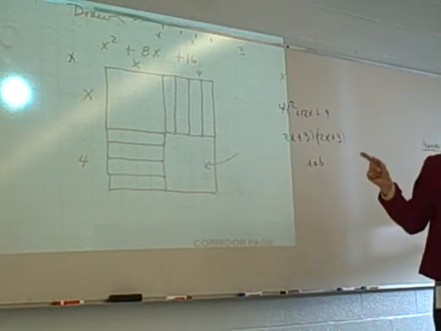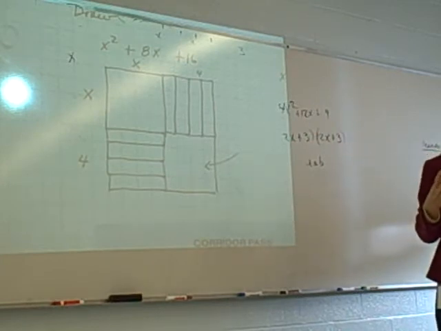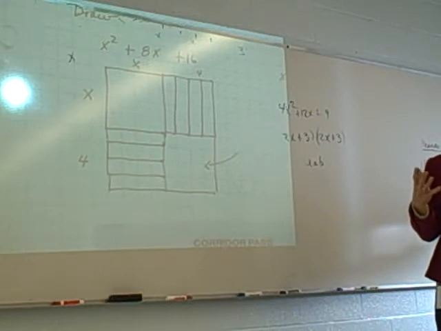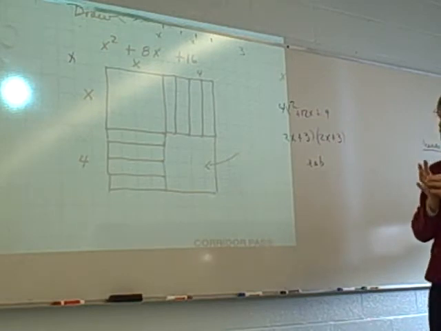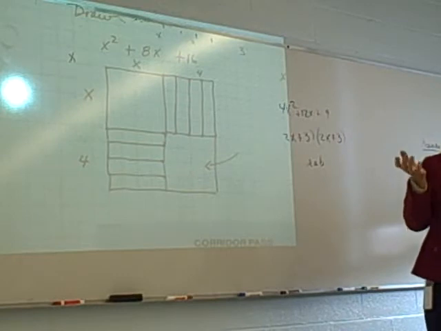What happens to that middle term? What is the relationship of the middle term to the sides? The middle term is what? Double. Okay, so what is the relationship of the sides? It is not doubled, it's half.